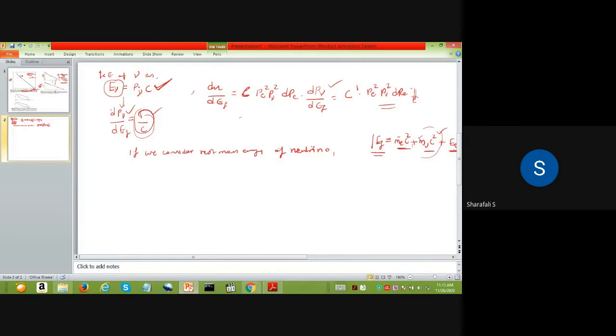The actual equation will be like what I have written here: E_f equal to M_e c squared plus the kinetic energy of the electron plus p_nu c, that is the kinetic energy of the neutrino. And we have to take the differentiation of this one, not this one, which is just the kinetic energy of the neutrino.